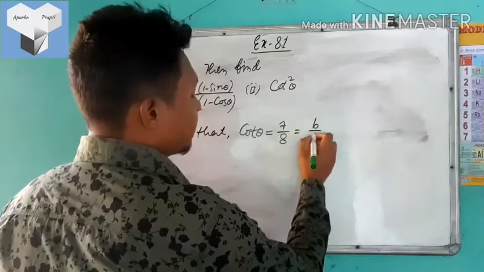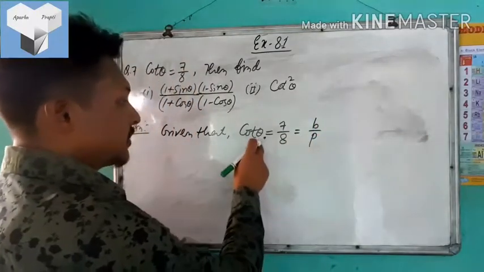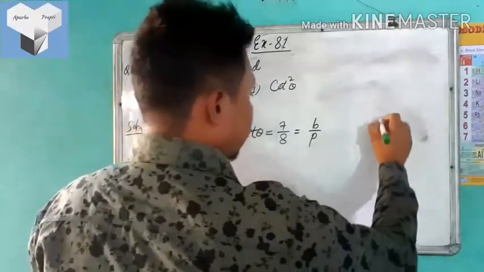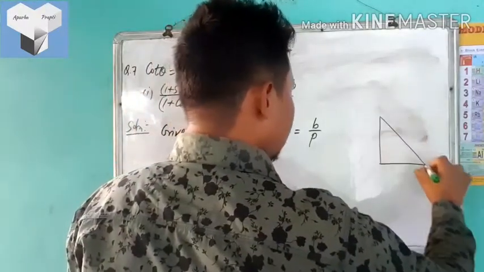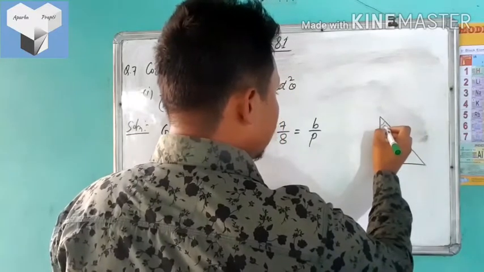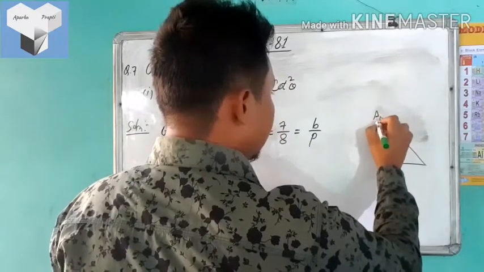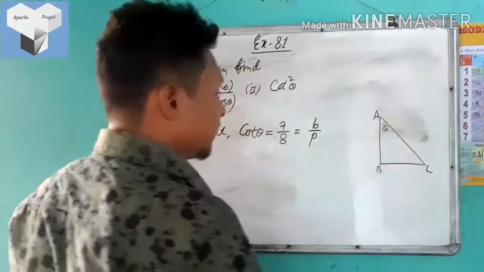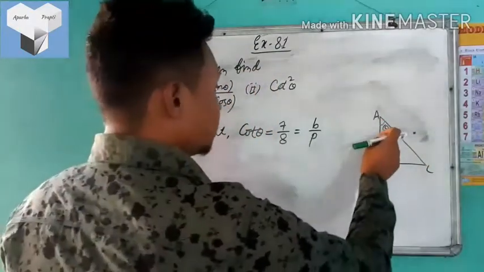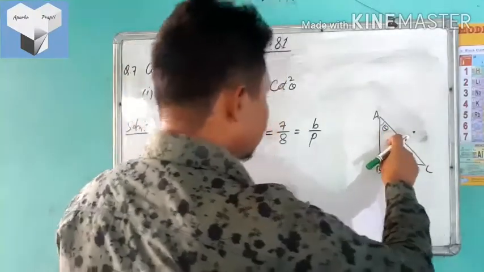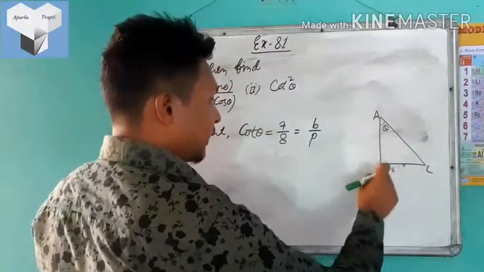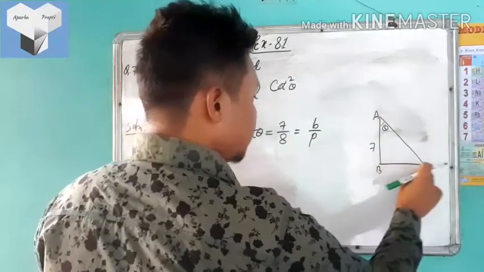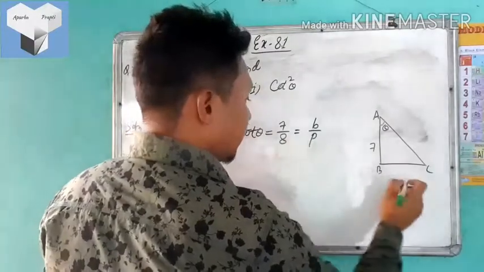Cot is B by P, that means base and perpendicular with respect to angle theta. So here we shall draw a right angle triangle like this, and with respect to angle theta we shall consider, let ABC be the right angle triangle. With respect to angle theta, the base will be this one, AB, whose length given is 7, and the perpendicular, this BC, is given as 8 units.